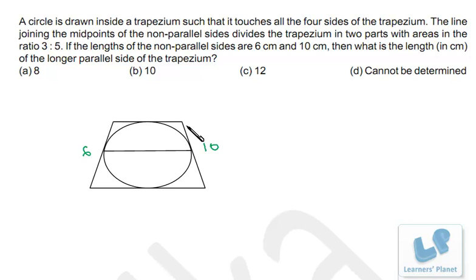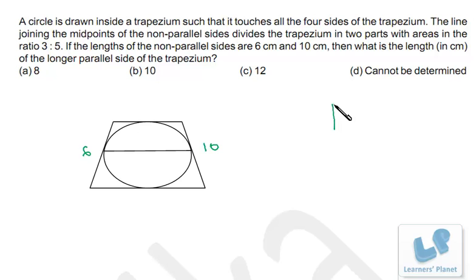See, in any quadrilateral, not specifically a trapezium, if the sum of these two sides is equal to the sum of these two, then only a circle can be inscribed. Getting my point? Otherwise, a circle cannot be inscribed.